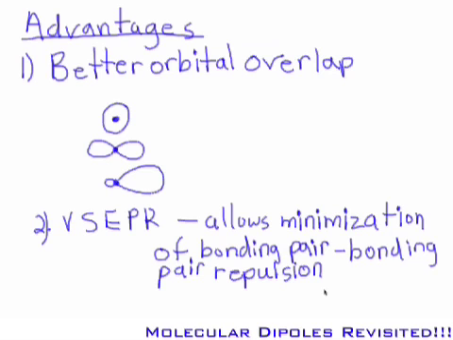Now that we've learned about hybridization, we can begin to revisit a concept that we covered in the last few lectures, and that is molecular dipoles. And the reason we're going to revisit this is because molecular dipoles, if you remember, were important because they allowed us to know something about the shape of a molecule.